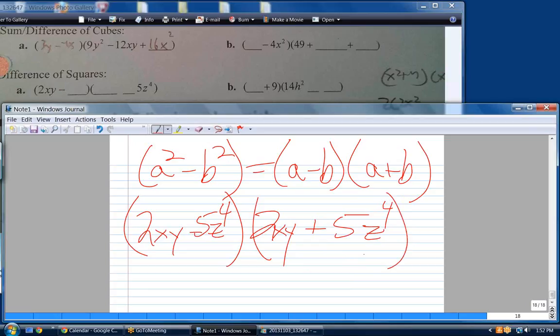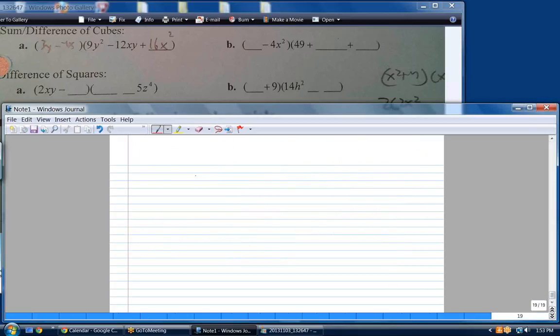But, okay, so let's do this one here. Okay, hold on, I'm writing this down. What's b going to be? 14h squared. That would be a.